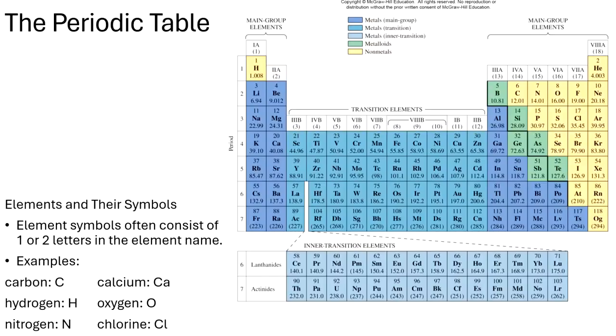So here's our periodic table, and you can see in this periodic table there are 118 elements listed. Each box represents its own element. Typically elements, and in fact always elements, their symbol consists of one or two letters. Typically they're in the element name, or they're in the Latin version of the name.